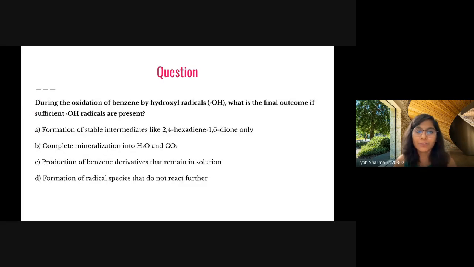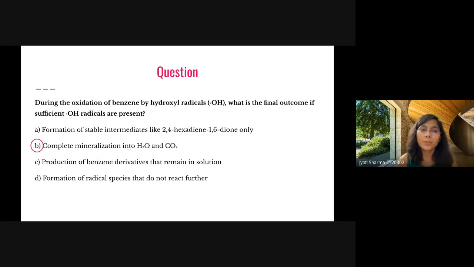So I think I have one or two questions left right now. During the oxidation of benzene by hydroxyl radical, what is the final outcome if sufficient hydroxyl radicals are present?